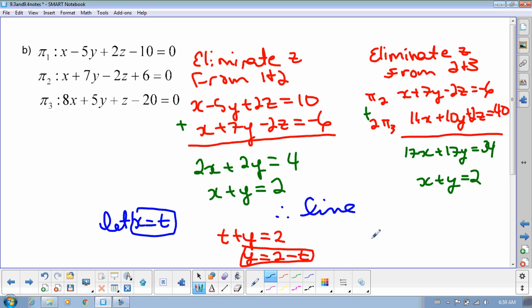Now I need to get my z. So I'm going to sub into the first one. So I have x minus 5, but instead of putting y, I'm going to put 2 minus t. Once again, I'm not looking for x. I'm going to be looking for z. So I know what x is. So I have t minus 5 times 2 minus t plus 2z equals 10.